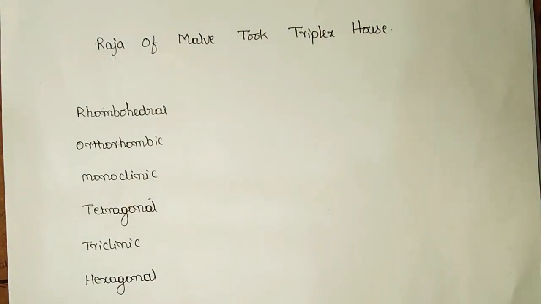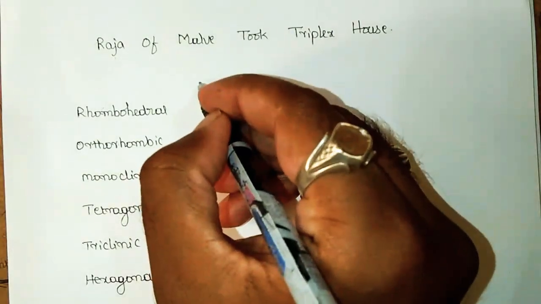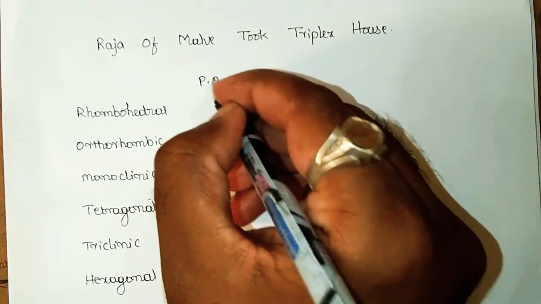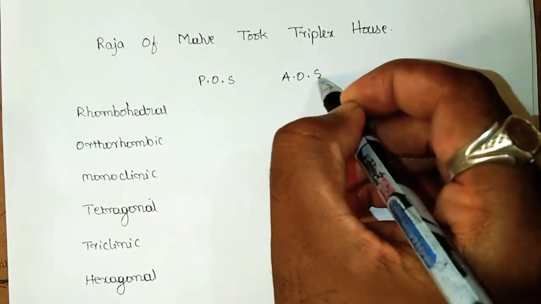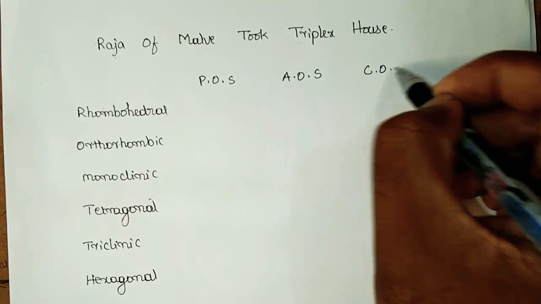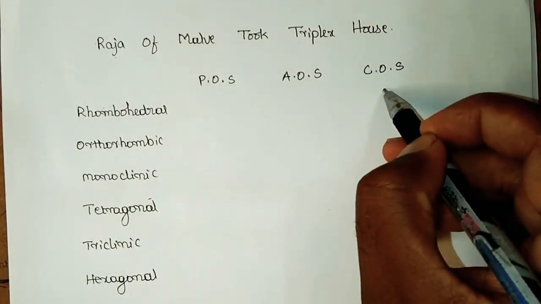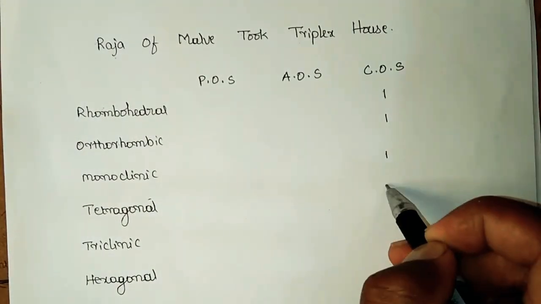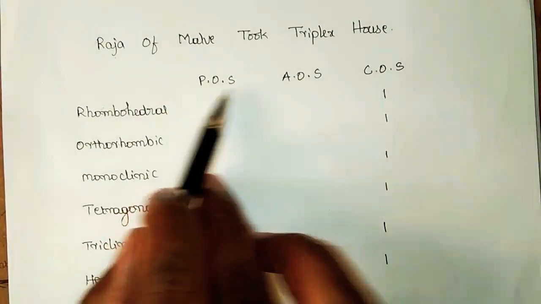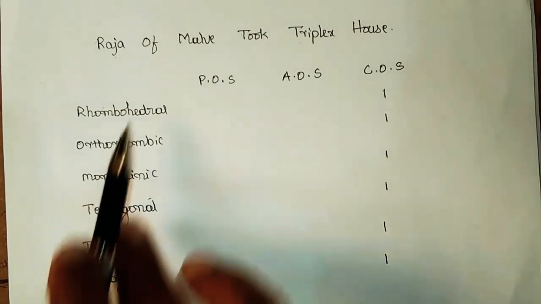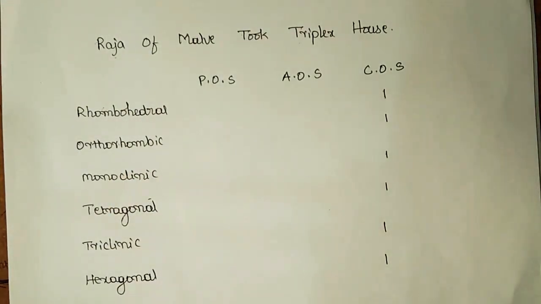So these are the 6 crystal systems, and now we shall see how many planes of symmetries there are, how many axes of symmetries there are, and the number of centers of symmetry. Obviously there will be one center of symmetry in each case. And now we shall see how many planes and axes of symmetries are present in these remaining crystal systems.